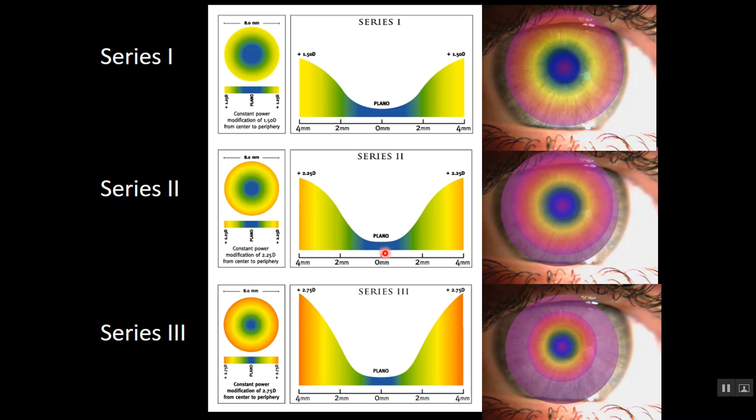Now, if we were to take a series 2 lens, we have a slightly smaller distance zone with more add being introduced at that 4 millimeter pupil. Now we go to a series 3, the highest add. We have the smallest distance zone with the greatest ramping up of the plus or greatest add toward the periphery.